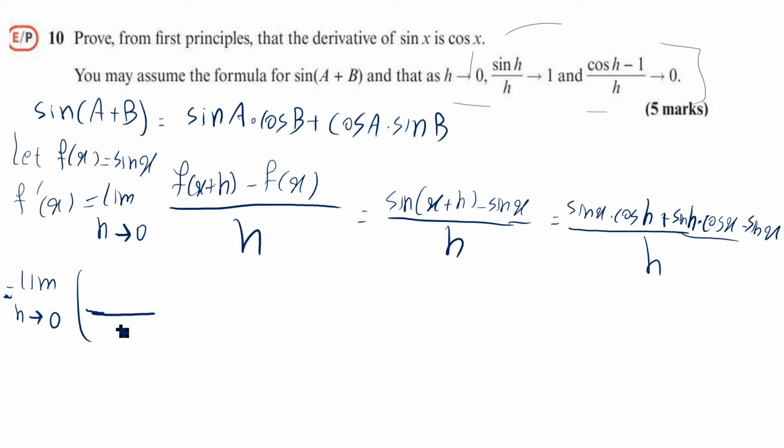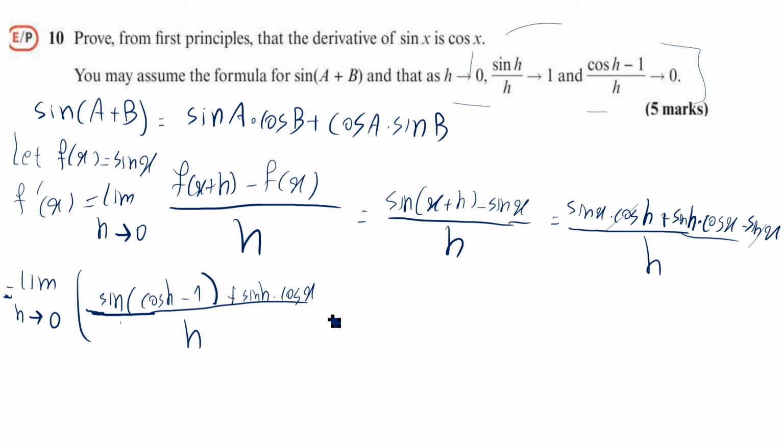So let's do it now. Sine x, and it's going to be cos h minus 1. So that's the very first thing that we did. And also we use this and also this. So now we write sine h times cos x.